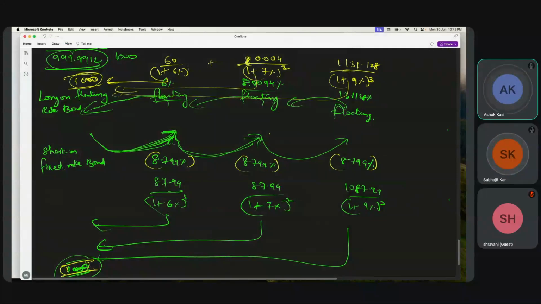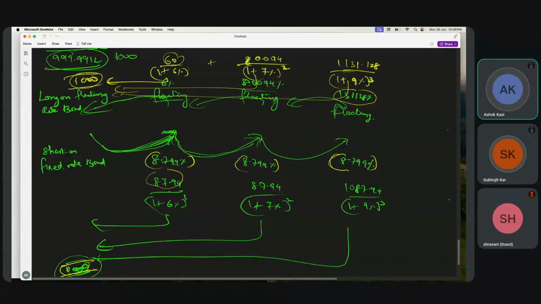Now you ask, it looks like I'm paying 87 rupees and I'm receiving only 60, so it is a loss, correct? If that is the case, then at the end you are paying 8.799, but you are receiving 13.1128. So its value is finally all the same.